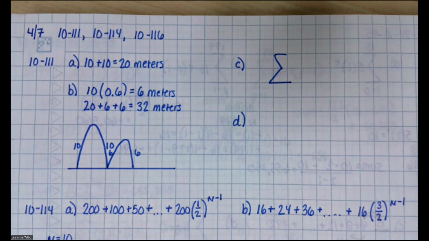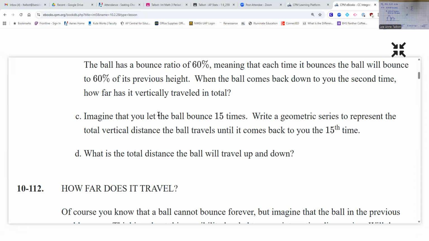Okay. C. Imagine that you let the ball bounce 15 times. Write a geometric series to represent the total vertical distance the ball travels until it comes back to you the 15th time. What is the total distance the ball will travel up and down?